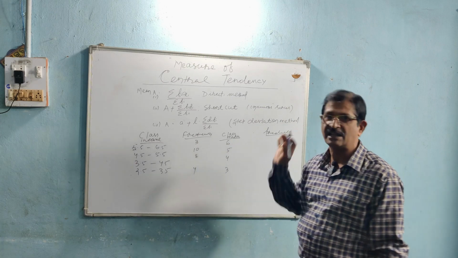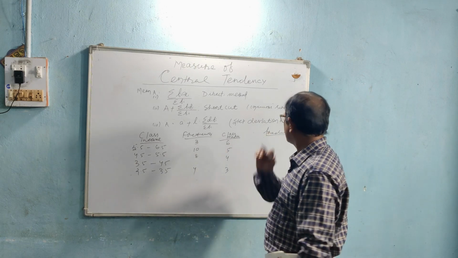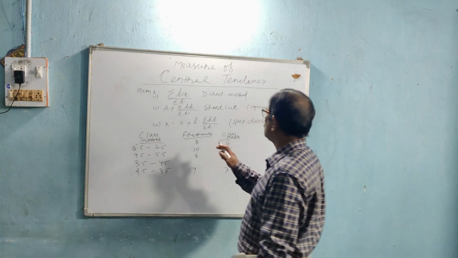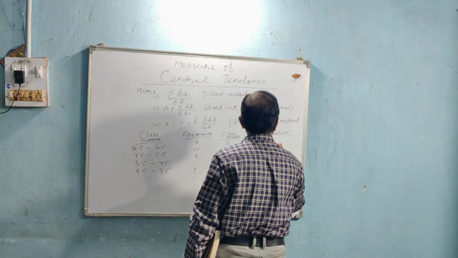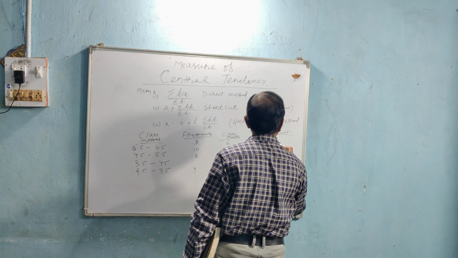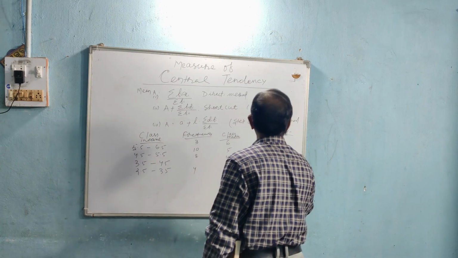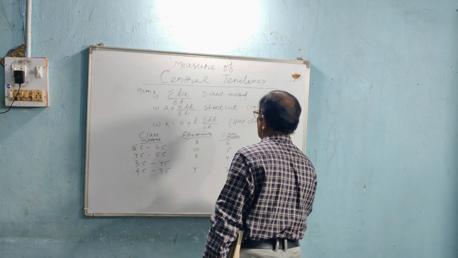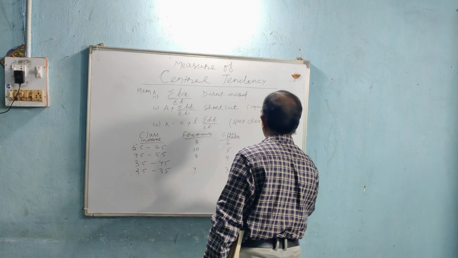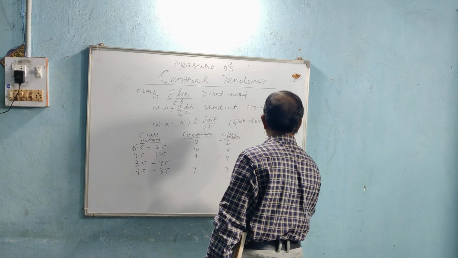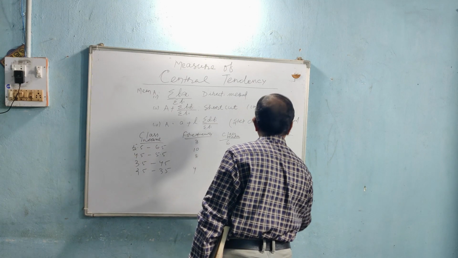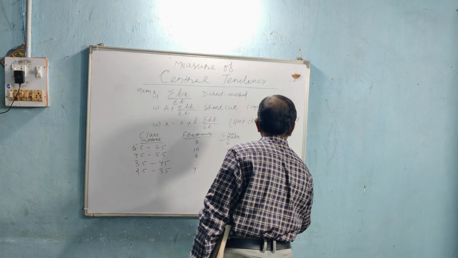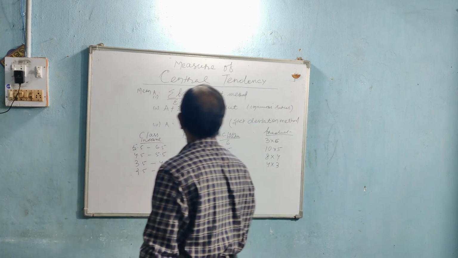Then our next step is to multiply the class mark with the respective frequencies. Here you see 3 into 5, then 3 into 6, then 10 into 5, then 8 into 4, and then 4 into 3.